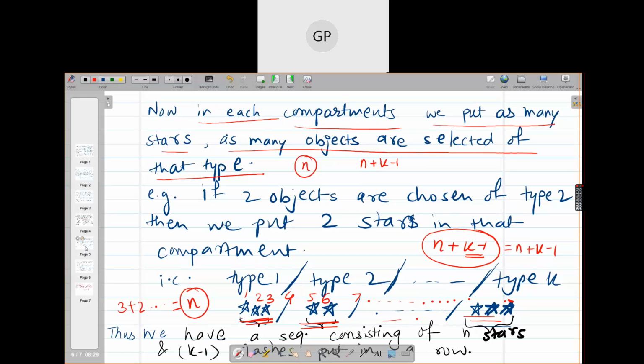Ma'am, k places. How k places? Tell me, how many stars are you going to put? N stars. So for n stars how many places will be needed? N places. You will have to choose n places to put n stars out of n plus k minus 1. Do you understand this now? Yes, ma'am.